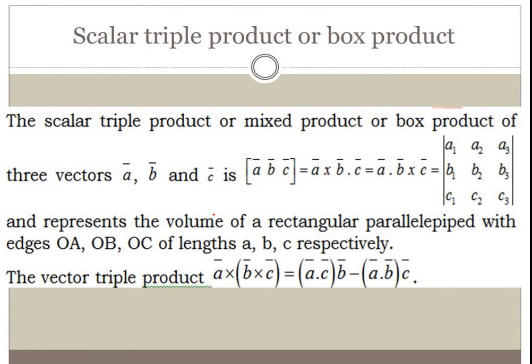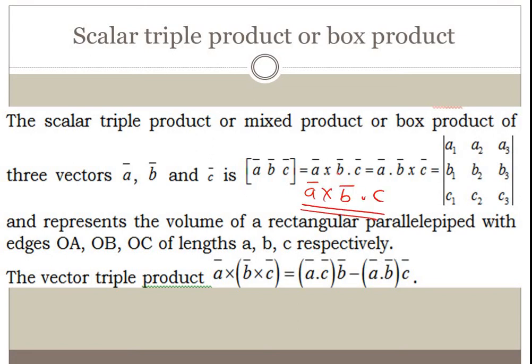Next, the more important concept is the scalar triple product, or mixed product, also known as the box product. It is defined as follows: A bar, B bar and C bar are three vectors, and the box product or scalar triple product of these three vectors is denoted by the box A bar, B bar, C bar, which is equal to A bar cross B bar dot C bar. That is the definition.